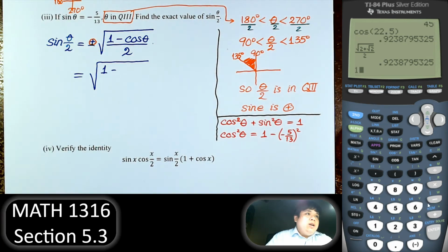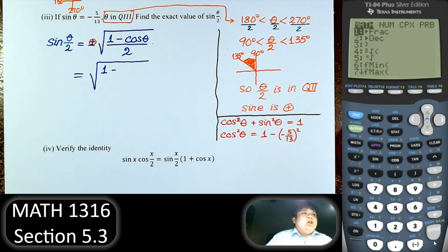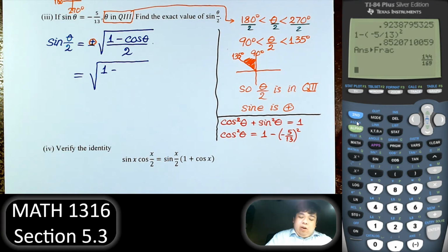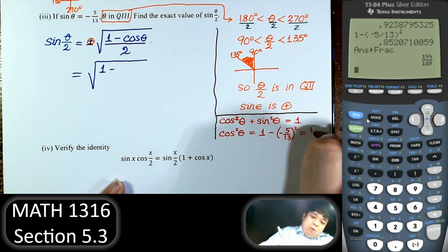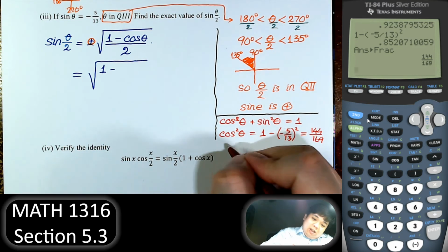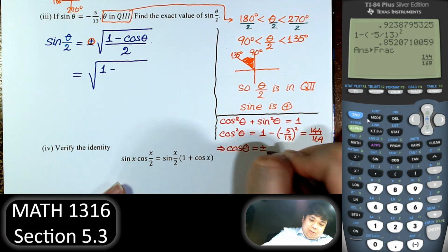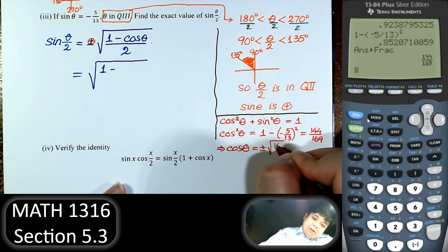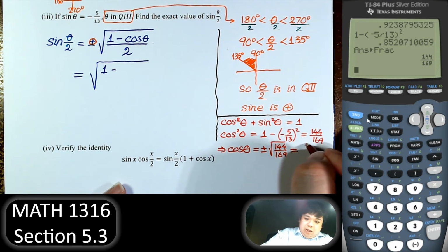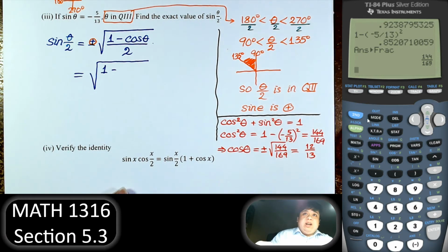So what is 1 minus negative 5 over 13 square? So let's get a fraction. That is equal to 144 over 169. Taking square root on both sides, of course, that's going to be 12 over 13. But is that positive or negative?